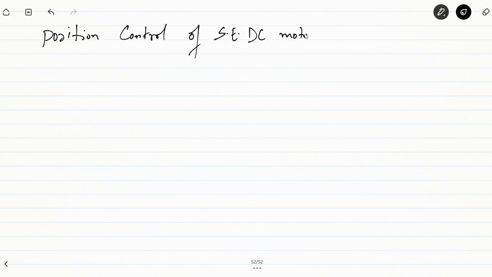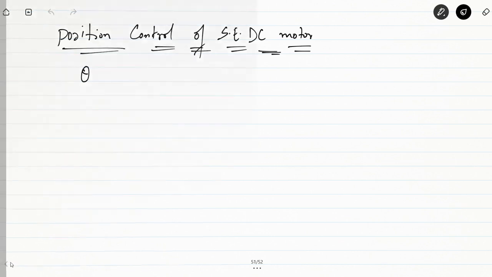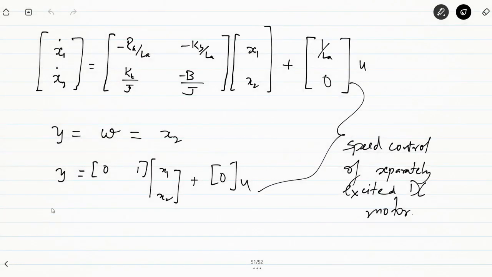Now let me tell you, if we want to control the position of a separately excited DC motor, that's actually theta, we need to have the information of theta as well from the state space model.